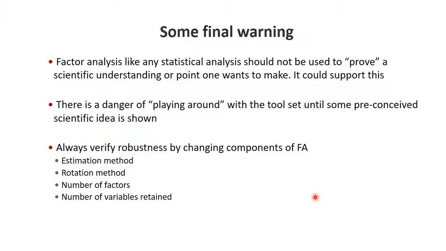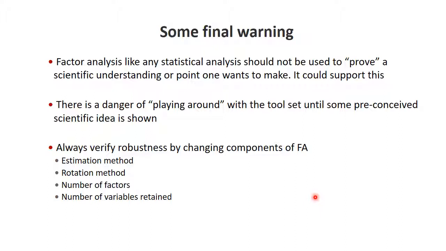Then of course, if you were to try to prove something, there's a danger that you play around with the whole system, and there's a good way to play around. There are many methods of determining loadings, and methods of rotating. So somebody that's smart can go play around with things until they find something that's reasonably in line with what they'd like to see. And once you start tuning things, I think then things are going wrong.